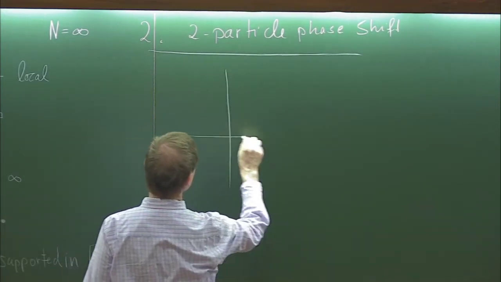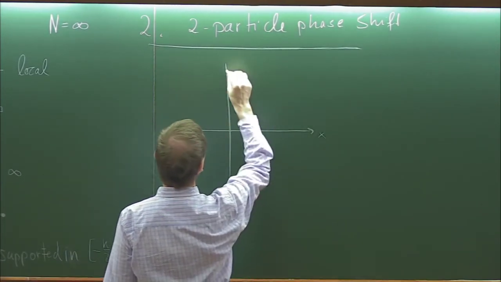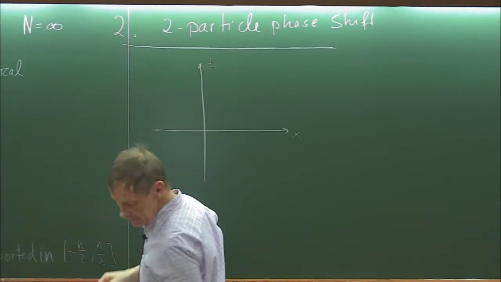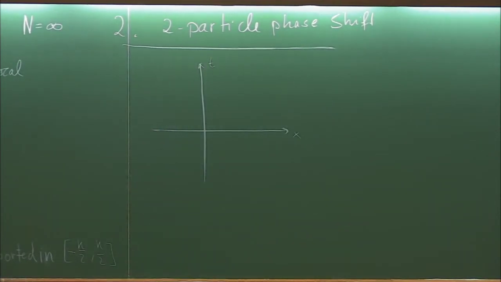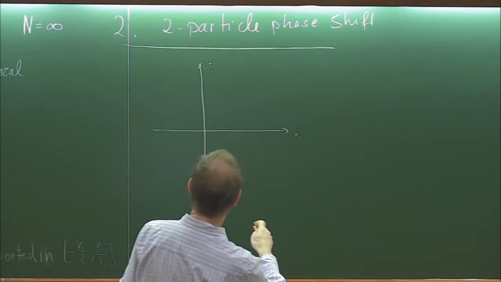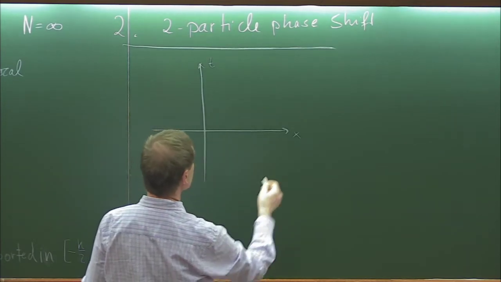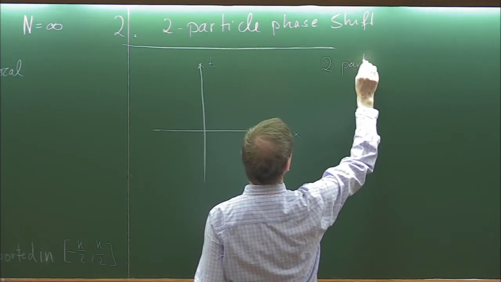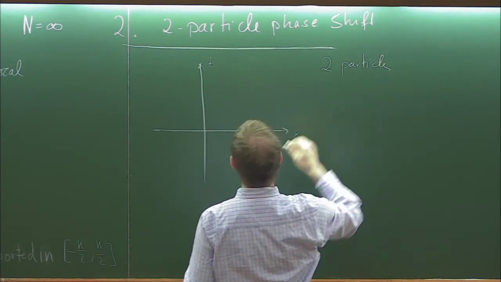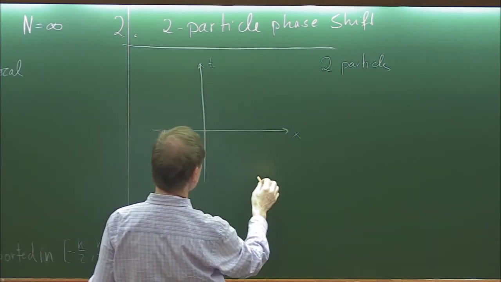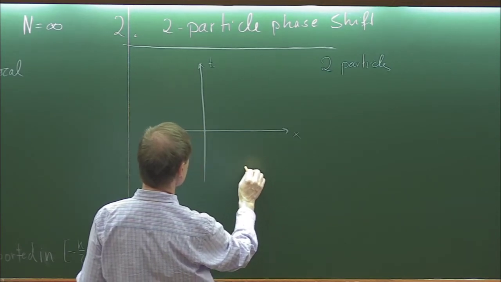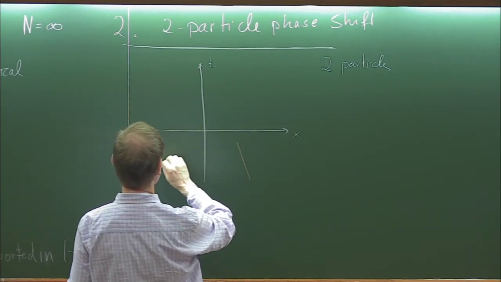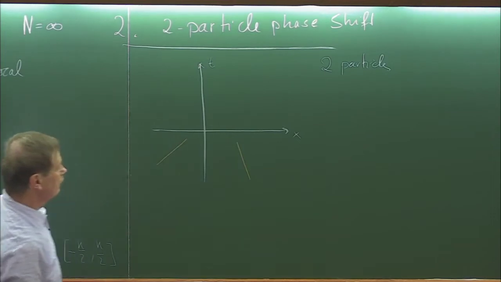Here is my x-t plane, and let's say I have just two particles. So maybe I have one particle which is coming along like this, and then another particle which is coming along like this.